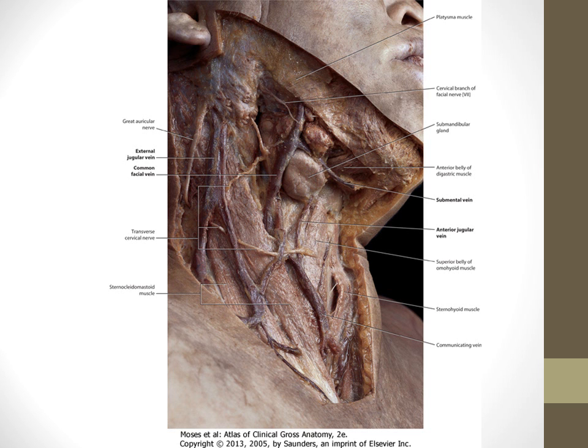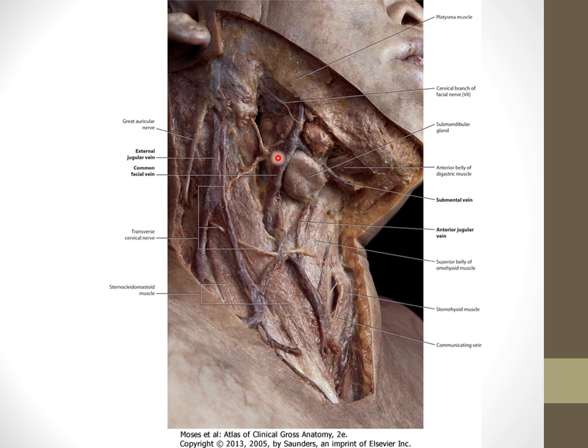This is an image from gross anatomy, a cadaveric picture from McMinn's atlas. Your dissection might look similar to this. After a while, here's your cut edge of the platysma muscle, and it's actually been not reflected but been cut off. But you have several branches here. You have the great auricular nerve right here, the external jugular vein.